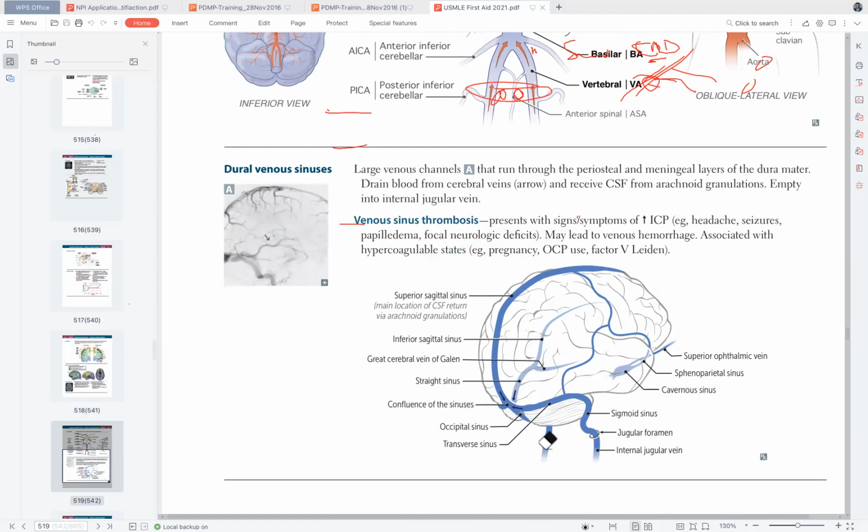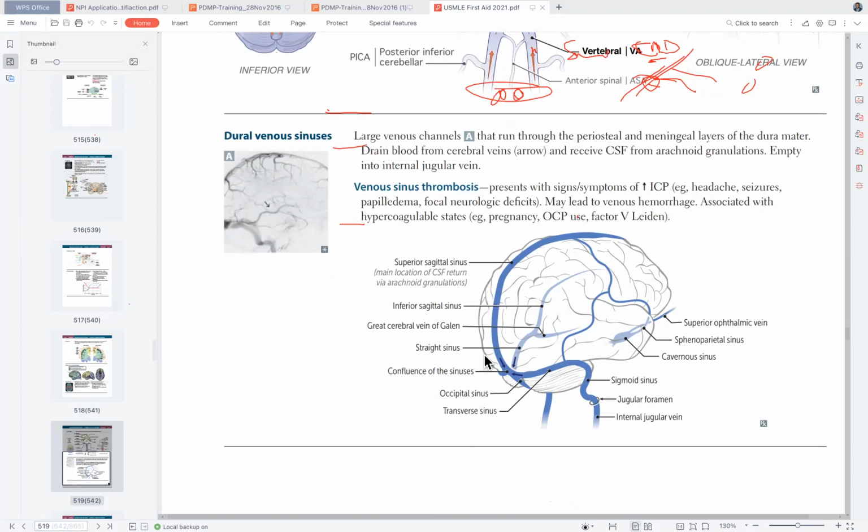They don't test highly on this one. They don't really test highly on it. But what I would tell you to know is just have an idea that all these vessels, like these are of the venous system of the brain, right? They drain and enter into the internal jugular vein, right?